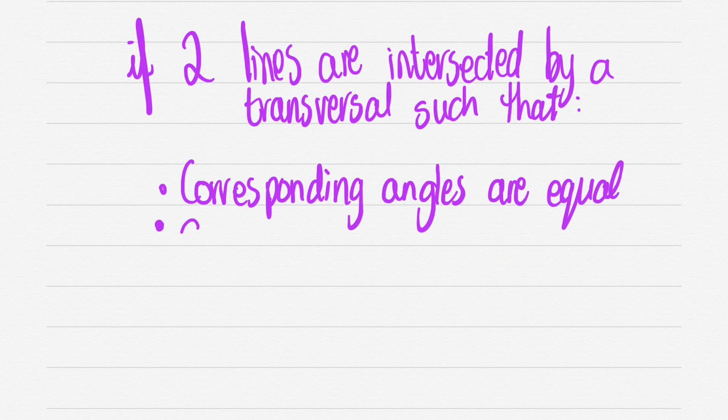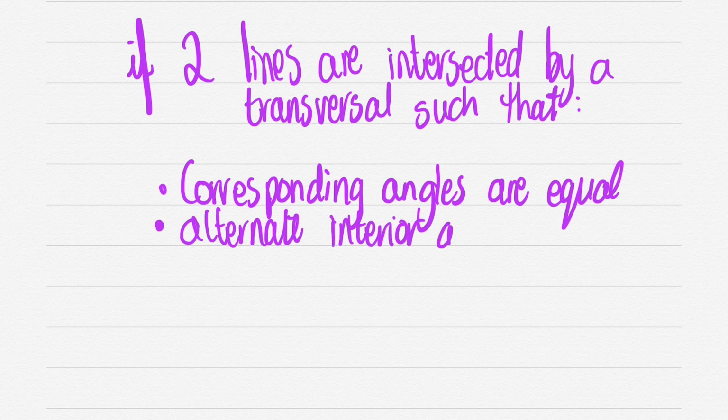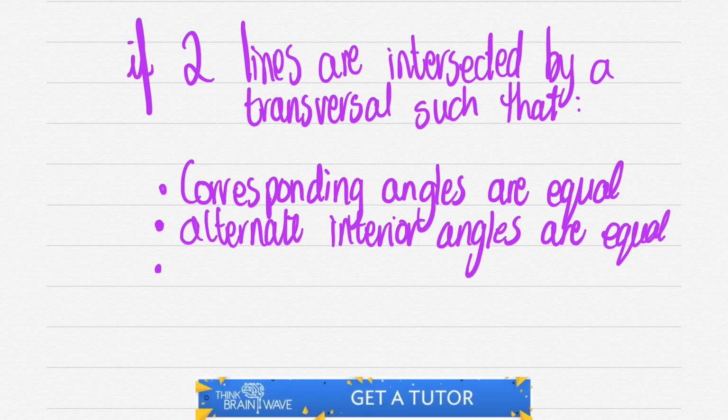As I mentioned before, study this section very hard. It's a lot less practice rather than a lot more rules to learn. Now, the alternate interior angles are in fact equal. Now, with that said, we will move to our third point.